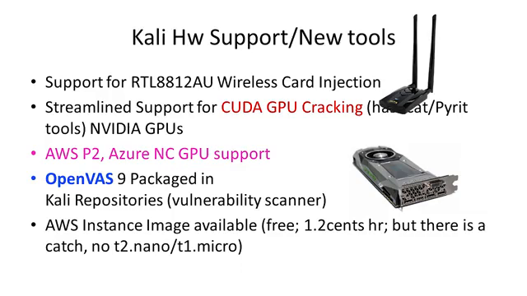OpenVAS is a commonly used vulnerability scanner, similar to the Nessus we presented. The AWS instance image is available for free, but requires us to fill out our phone number with AWS. Currently it is not allowed on the small T2 Nano and T1 Micro instances. They are worried about resource utilization, both network bandwidth and CPU.